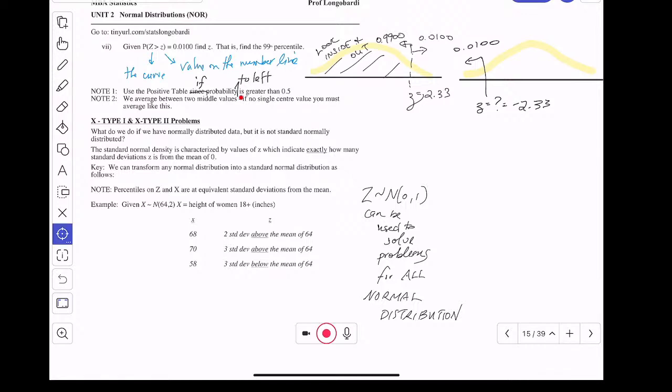So if the probability to the left is greater than 0.5, you need to use the positive table. Then I say we average between two middle values if no single center value. And I probably should put brackets. This is just very poorly written. And it's like this note got moved from somewhere. So that's just a general comment. It has nothing to do with this one here.